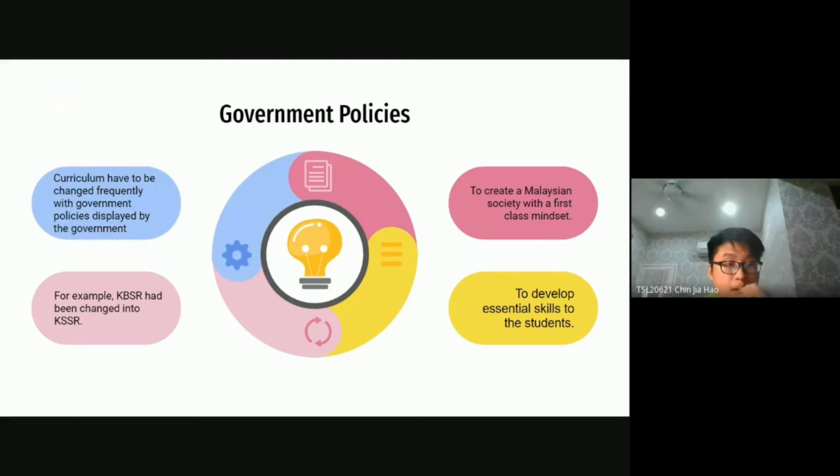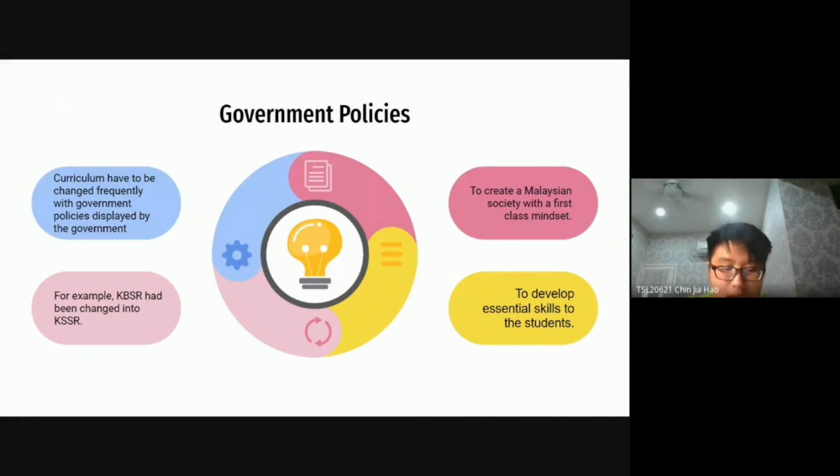All right. So, for example, as I have stated in the previous slide, KBSR had been changed into KSSR. So, why did KBSR experience changes? This is because at the moment, the government aimed to create a Malaysian society with a first-class mindset. Therefore, they made some changes to the content of the curriculum at that time.